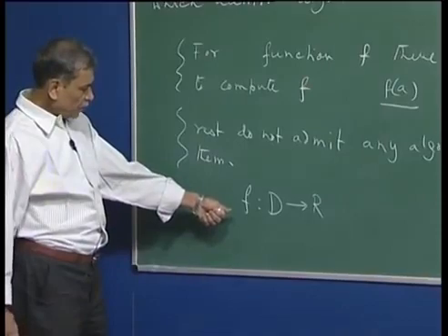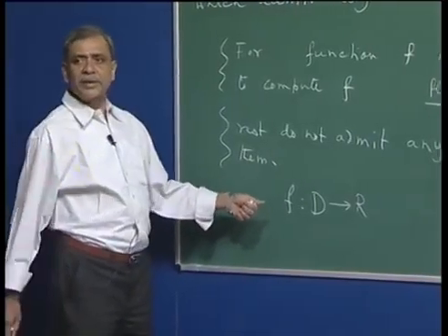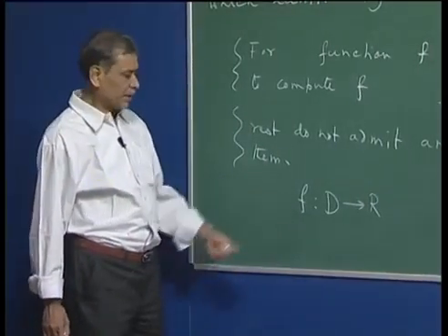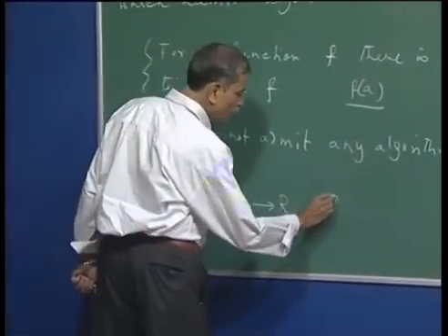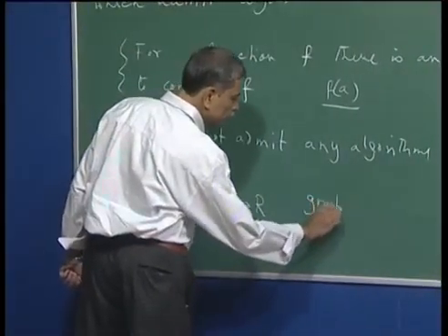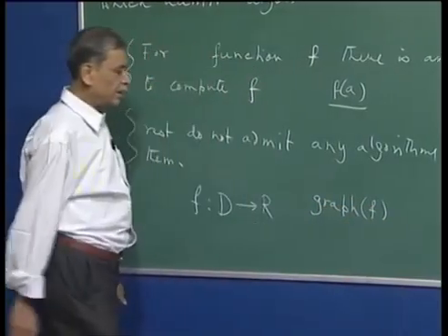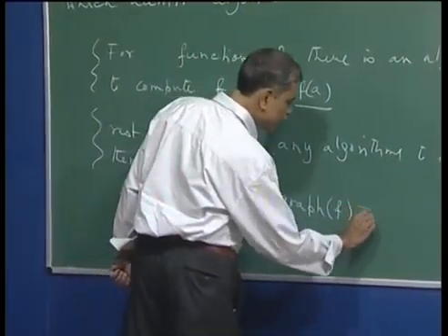Now, you might know that there is a very natural set which is associated with any function, and that set is called the graph of f. And what is that set?